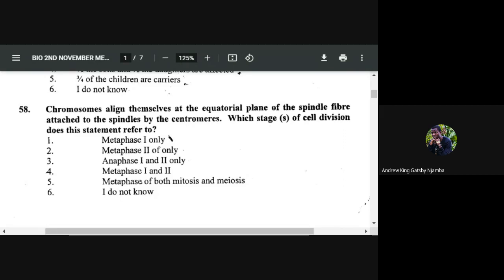When chromosomes align themselves at the equatorial plane of the spindle fiber, attached to the spindle fiber by the centromere, what stage of cell division does this statement refer to?